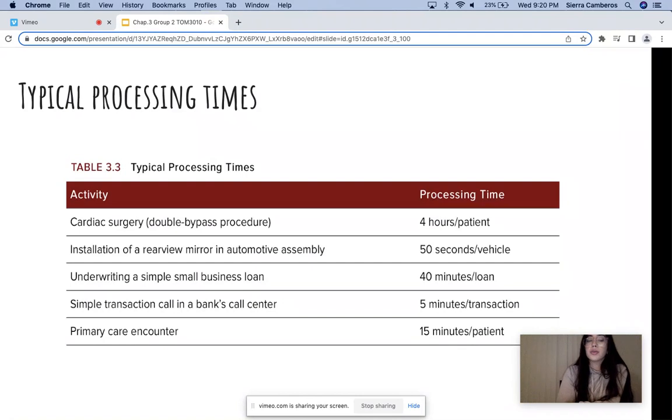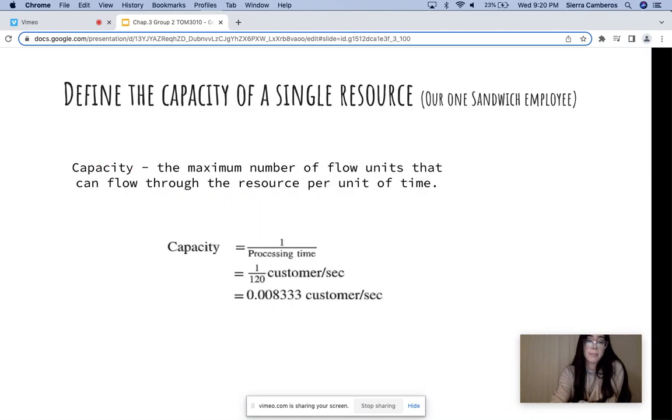You have a simple transaction call in a bank's call center, which takes about 5 minutes per transaction. And then you have a primary care encounter, which takes about 15 minutes a patient. So again, this is just another example of all of these different types of processing times that it can take.